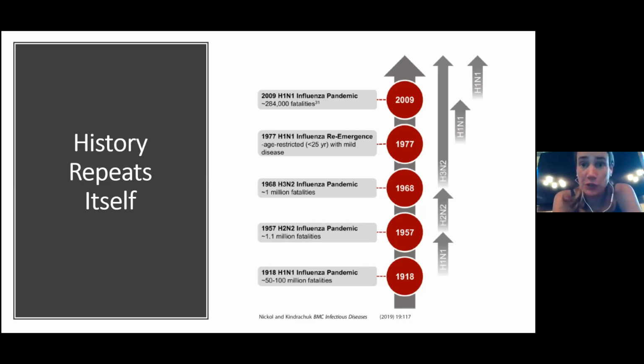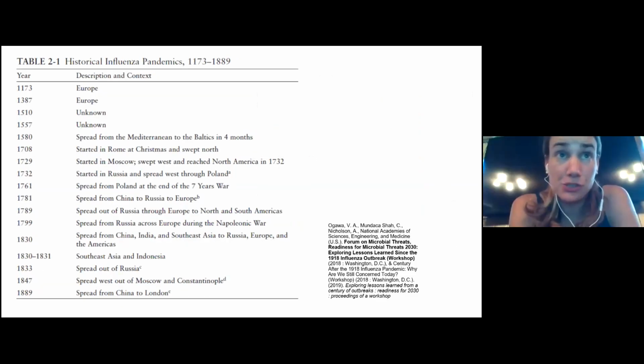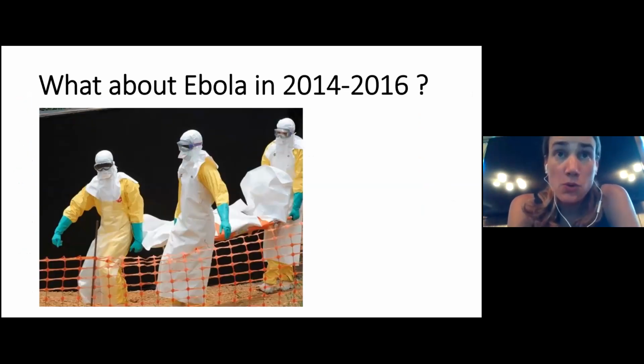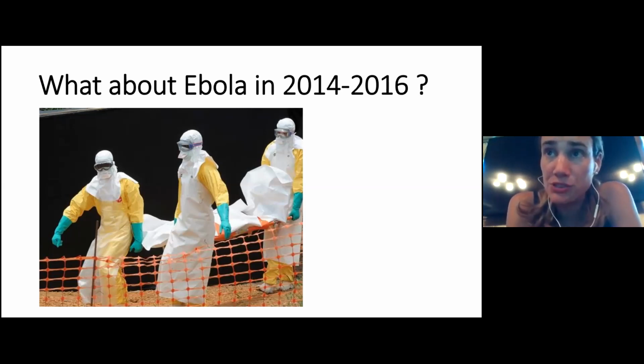So pandemics have occurred. There's no doubt about that, not only in the last century, but even before. You can see here the timeline for many, many years, centuries in the past. What about Ebola in 2014, 2016? Was it actually officially a pandemic? Does anyone know the answer to that?